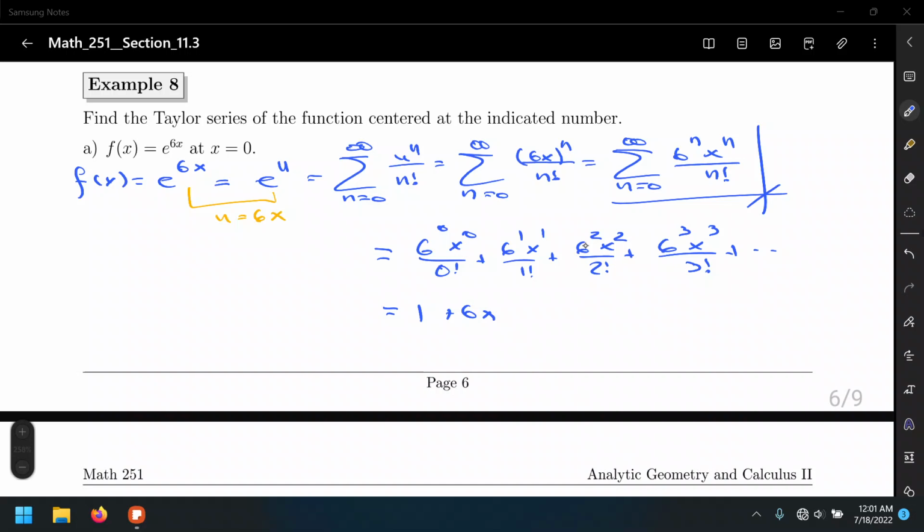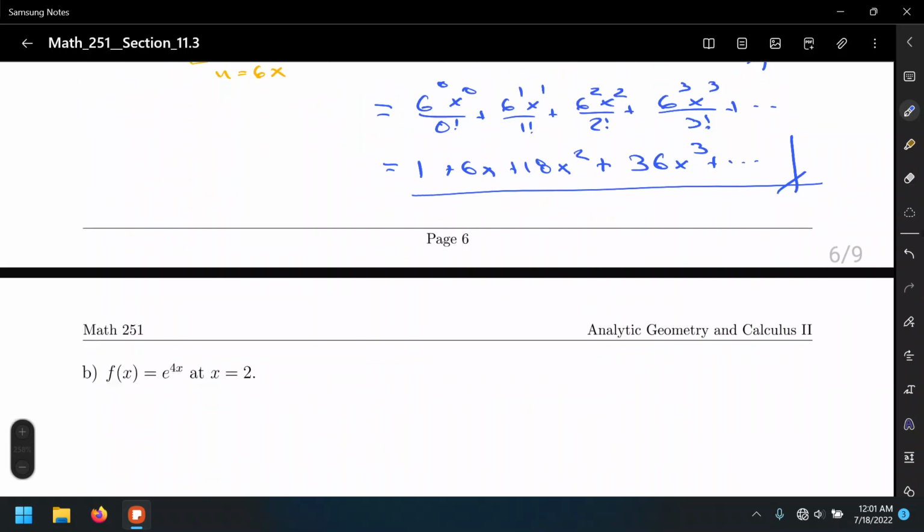So that's 36 over 2, that's plus 18x squared, plus 6 cubed, that's 6 times 6 times 6, over 3 factorial, which is 6. That's 36x cubed, plus. So you may need to even add more terms, but in this case 4 terms is fine.